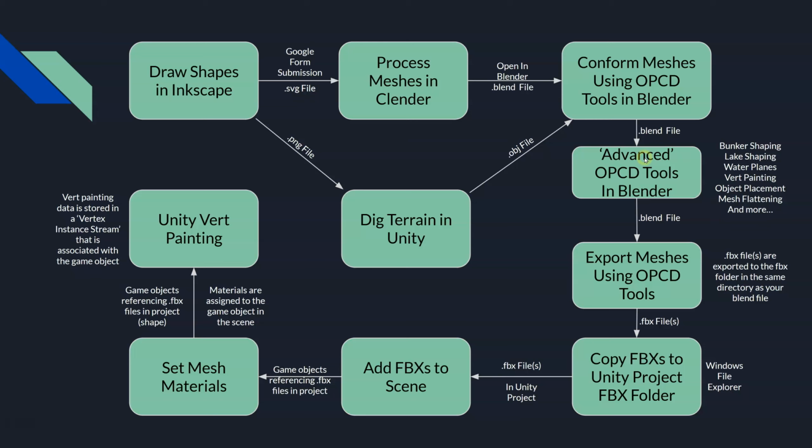So my point here is that you make sure you're very confident that your Inkscape shapes are what you want and that they are processed correctly. Because if you get here and you spend a lot of time in these advanced OPCD tools, only to find out that you have to add a new shape or something was not cut correctly, guess what? You need to come back here, send it through Blender, get a new blend file, and you're starting all over again on this step.